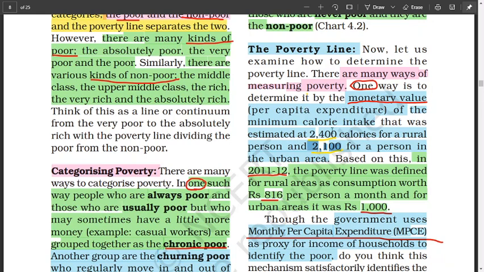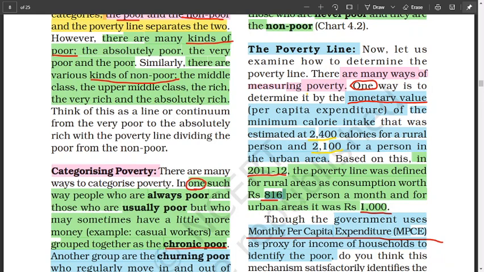But if we convert that into money, in 2011-12 this line was defined in rural areas as consumption worth 816 rupees per person a month. If you earn 816 in a month in rural areas, that's okay. You can get the requirements of life. In urban areas, the minimum is 1,000.